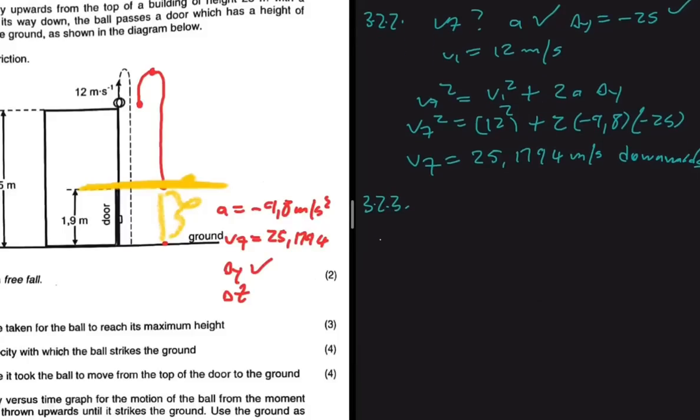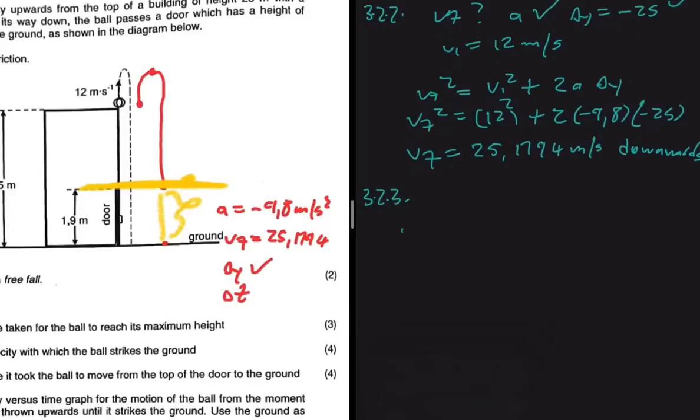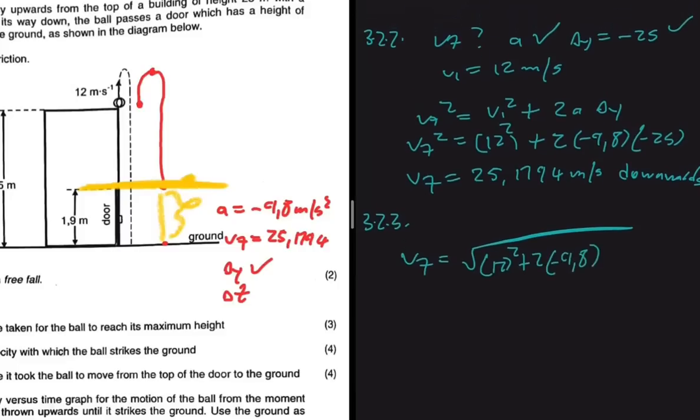So we're saying that VF is going to be equals to the square root of 12 squared, right? Plus 2 multiplied by minus 9.8. We're doing what we did in 3.2.2, right? But then instead of our height being minus 25, right, it's supposed to be 25 minus 1.9, right?